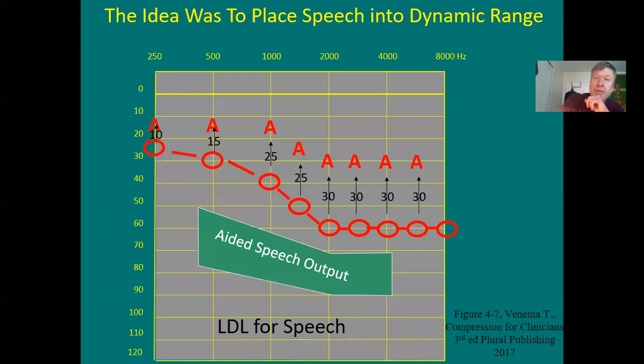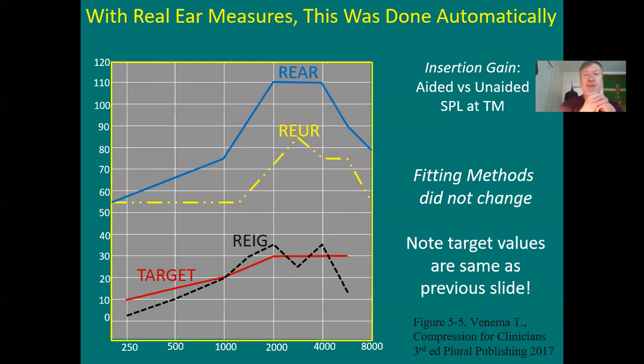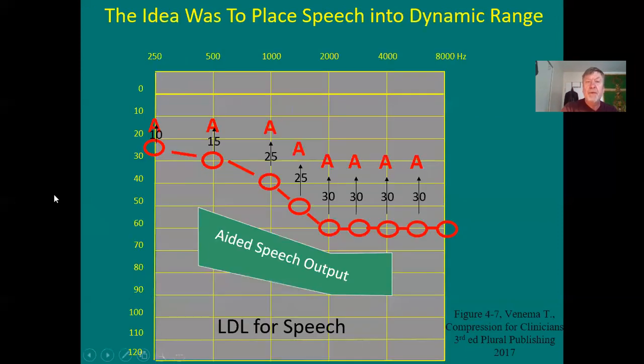So over here, new slide, also half gain rule. All I did was take a hearing loss and cut the target in half, and basically see how the target here at 250 is at 10? Look at 500. The target gain would be 15, increasing the aided thresholds by 15 dB.